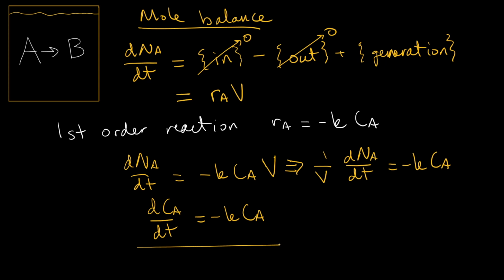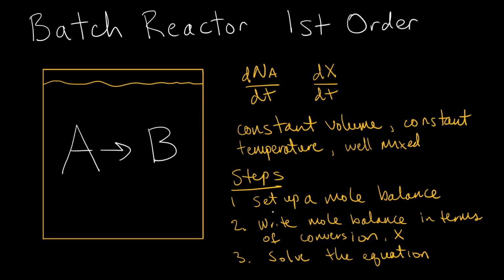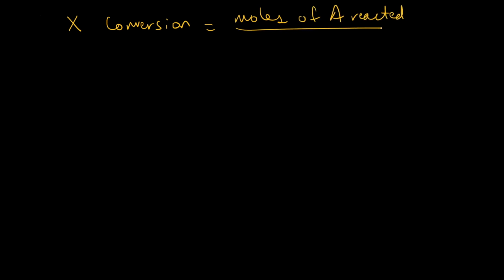So returning to our steps, we have set up a mole balance. The next step is to write this mole balance in terms of the conversion x. So first off, what is x? So x is the conversion. It's defined as the number of moles of A reacted divided by the number of moles of A fed to the reactor.